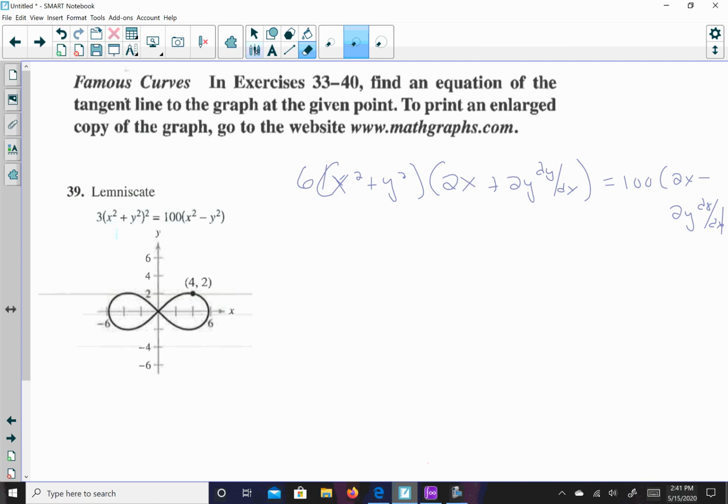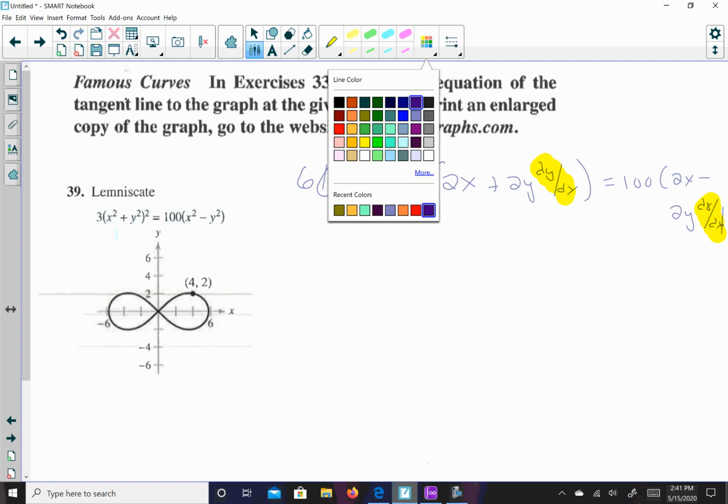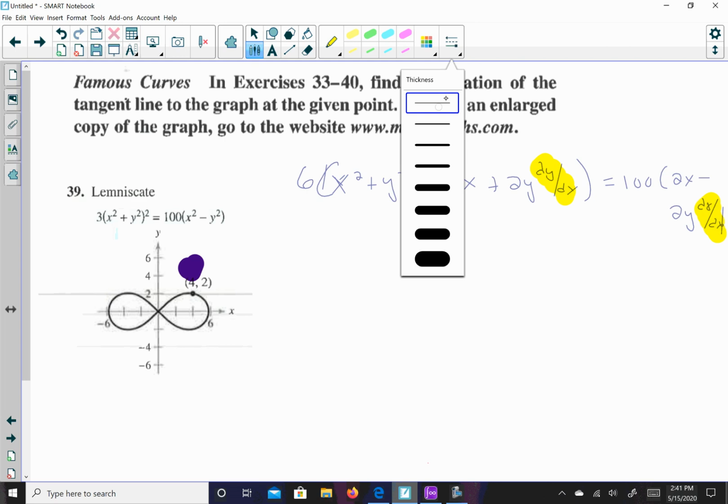I'm going to leave these as my variables. This here and this here, I'm going to leave as my variables, and then I know my x and my y. My x and my y are 4 and 2, so I'm going to substitute those in.